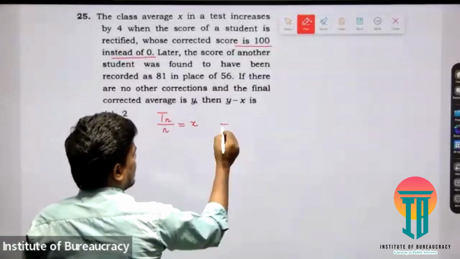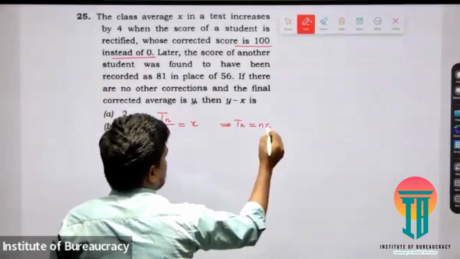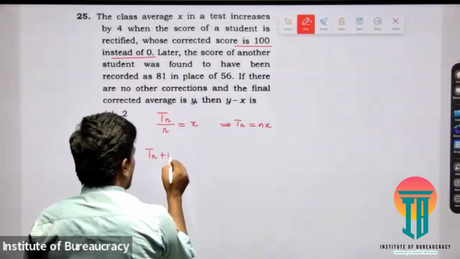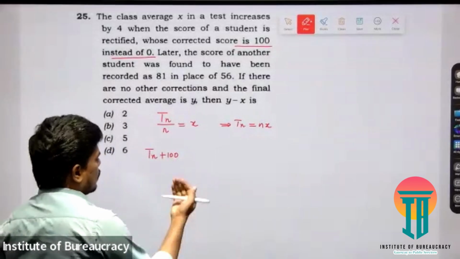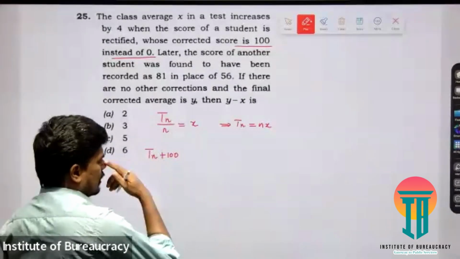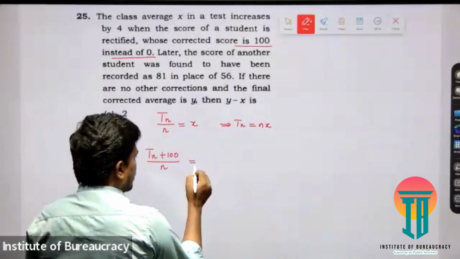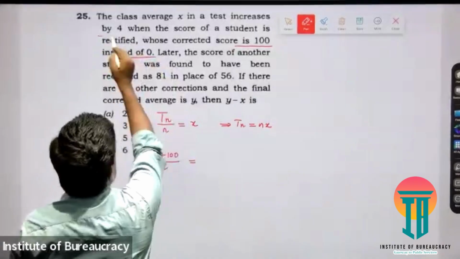And from here, this Tn is nX. Now the same Tn, because we are going to add 100 by removing 0, adding 0 doesn't make sense. So with this Tn, we are adding 100. Now the number of students is going to be N only. Now the average, we add 100, average increases by what?